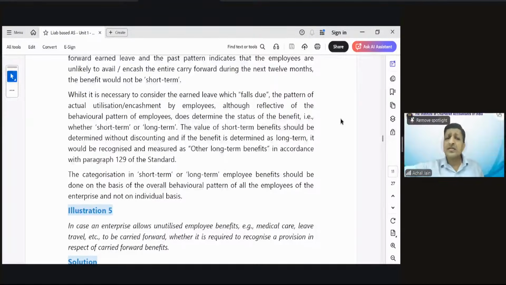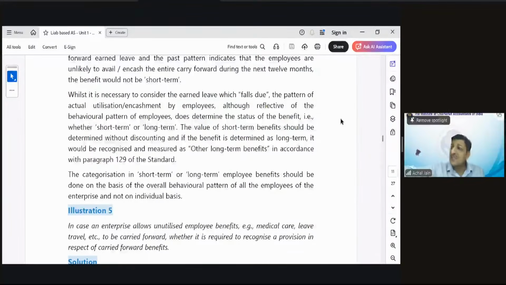Let's suppose there is some employee benefit in the nature of medical care, leave travel, all of these, right? And the policy of the company is that the employee can carry forward these benefits. I'm just hoping you're clear on the carry forward.